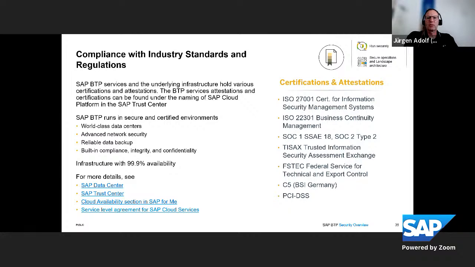We undergo these certifications and accreditations 2 times a year. And as you can see, we have the ISO 27001 certification, the SOC 1 and 2 certifications, and C5, and so on.